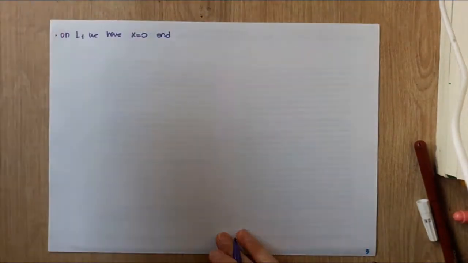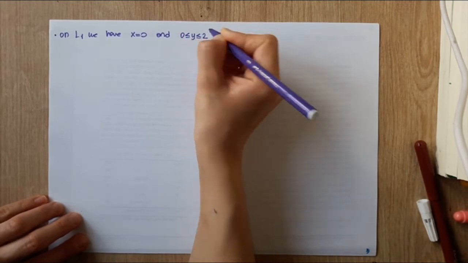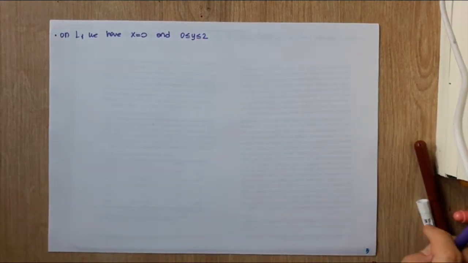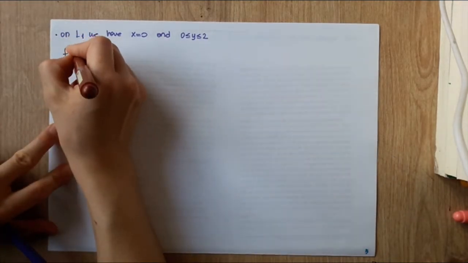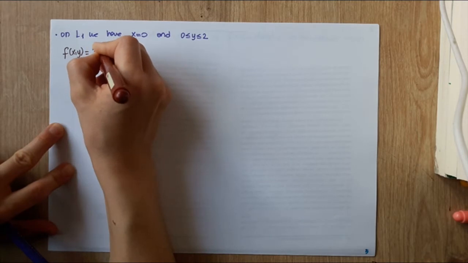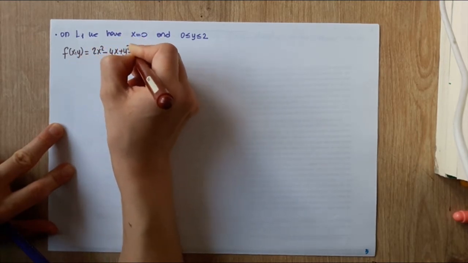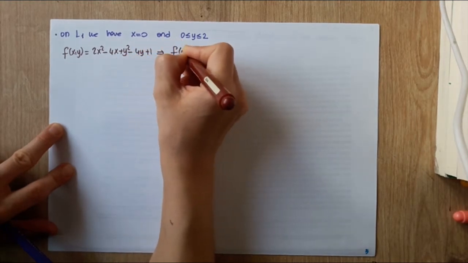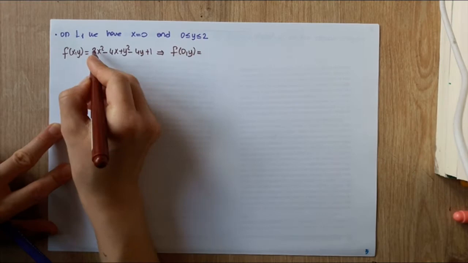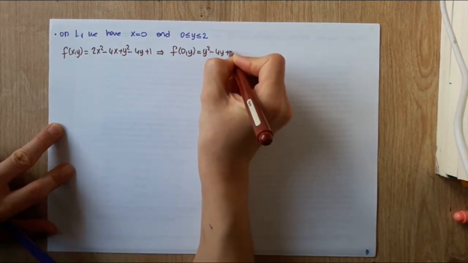So I have 0 less than or equal to y less than or equal to 2. On this line, our function turns to, what is the function? 2x squared minus 4x plus y squared minus 4y plus 1. So I have f(0, y) here. So this is 0, this is 0. We have y squared minus 4y plus 1. Okay.